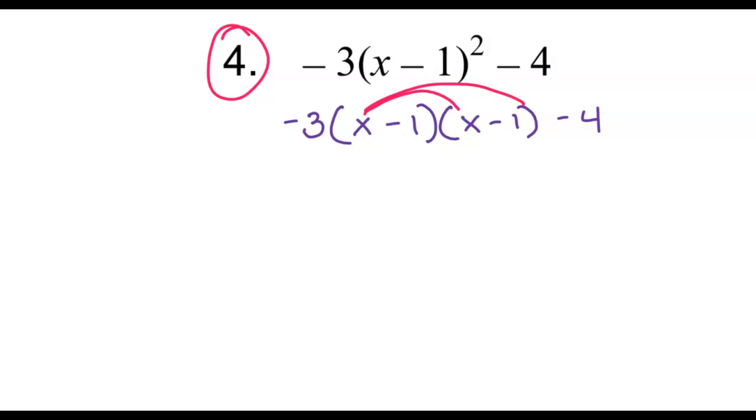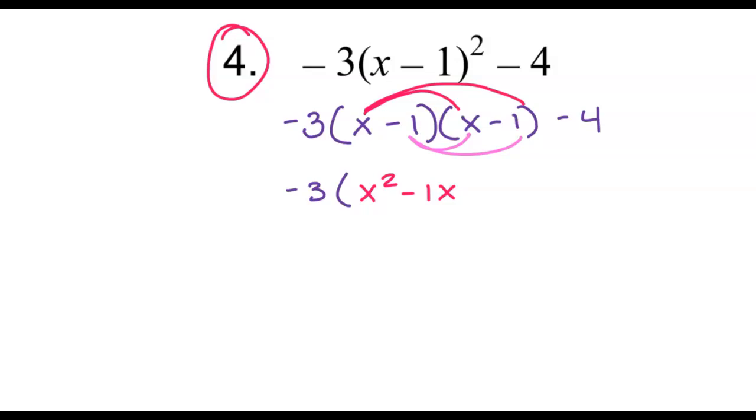So, x times x gives me x squared. X times negative 1 gives me negative 1x. Then I need to also do the exact same thing for the second term, the negative 1. Multiply it by everything in the second set of parentheses.